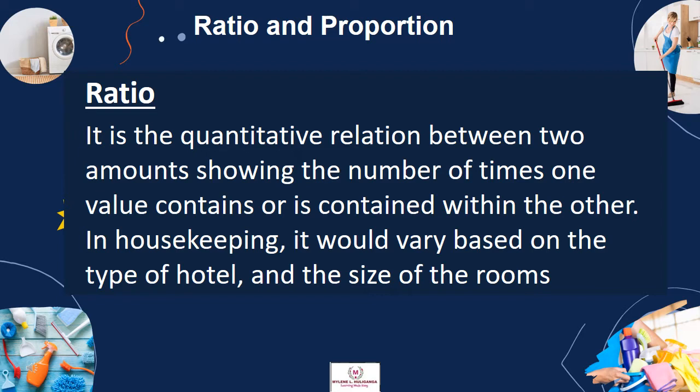Here, 2 and 3 are not taken as the exact count of the students, but a multiple of them, which means the number of boys can be 2, 4, or 6, and the number of girls is 3, 6, or 9. It also means that in every 5 students, there are 2 boys and 3 girls.